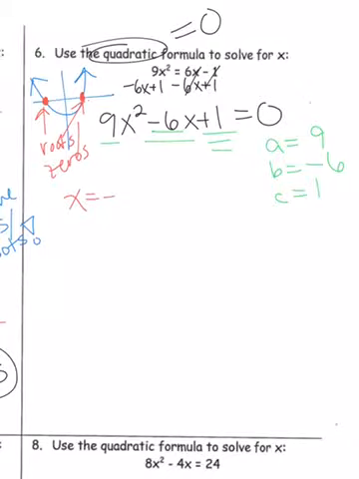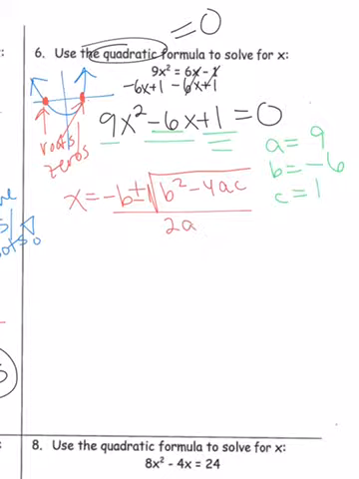X equals negative b plus or minus the square root of b squared minus 4ac all over 2a. Alright, let's start to plug and chug here, guys. Let's fill this in.